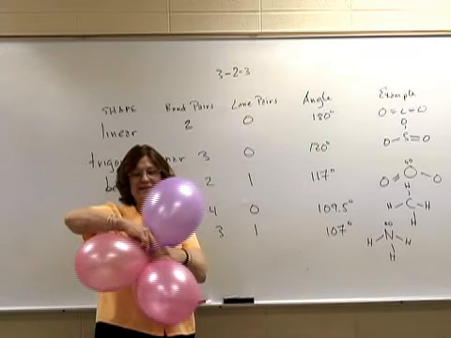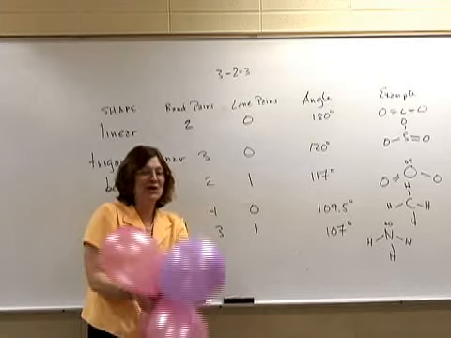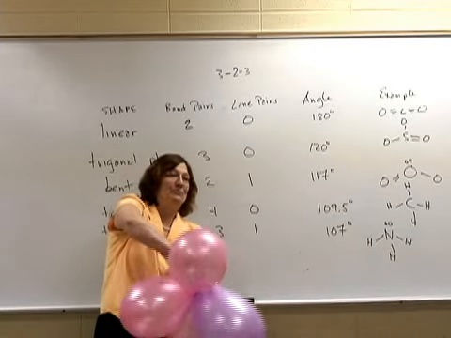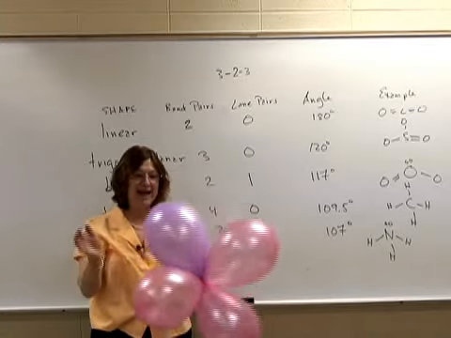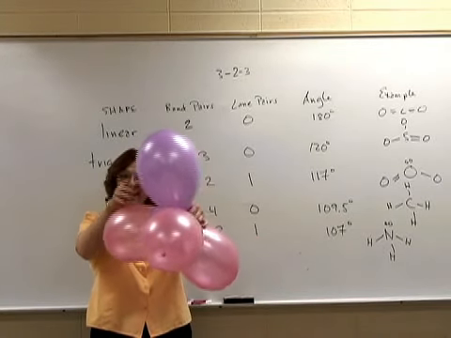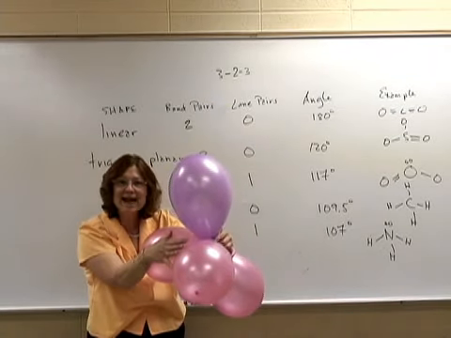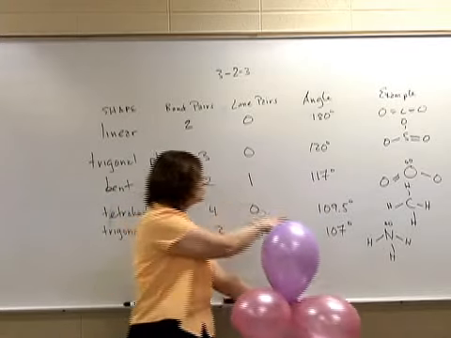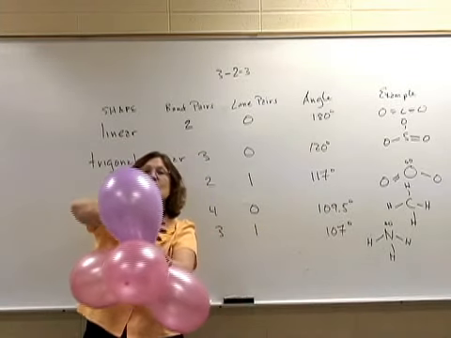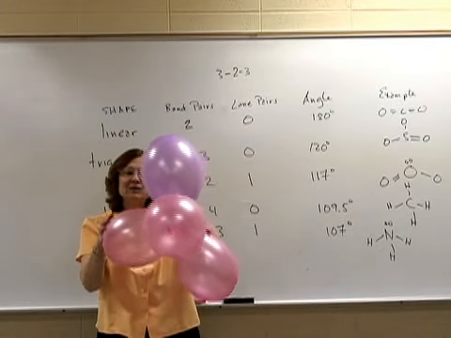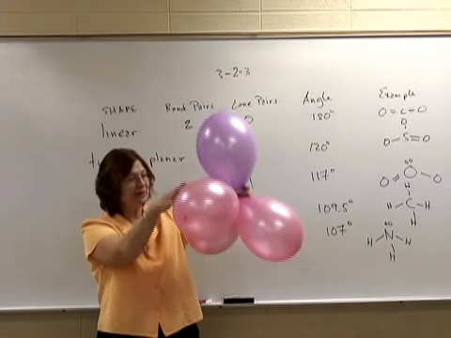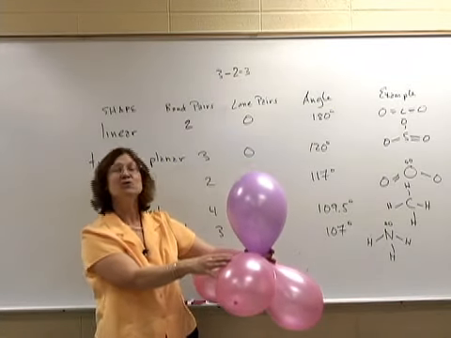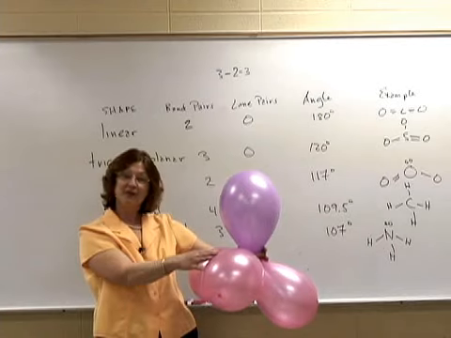No escapees allowed. Out of here. Just gotta put them to rest. Now here my lone pair is pushing these others down, and therefore we get this 107 angle because my lone pair is a very big electron cloud and the others want to get away as much as possible. So it becomes what we call trigonal pyramidal.